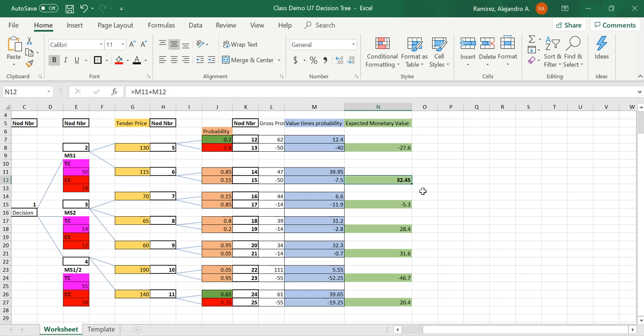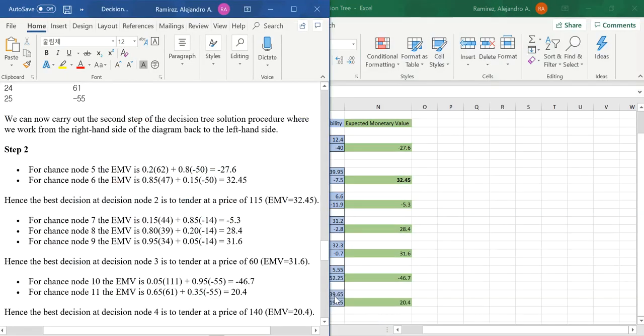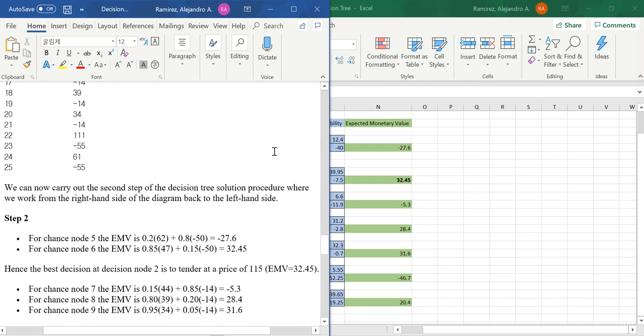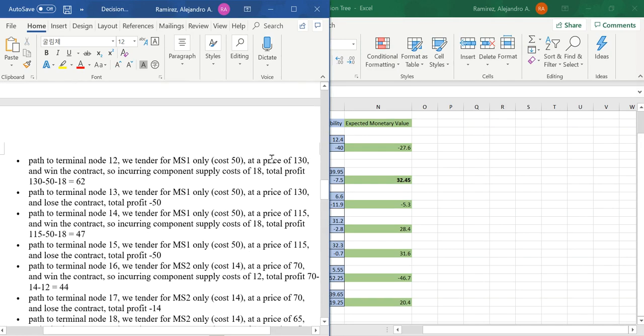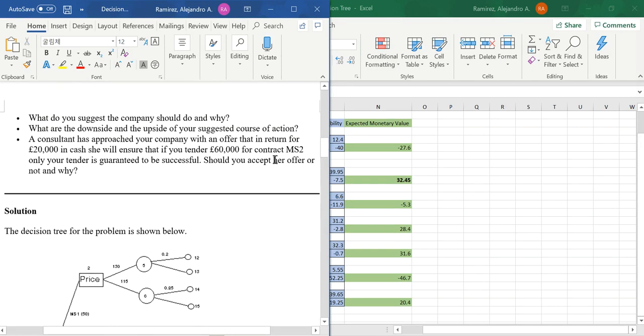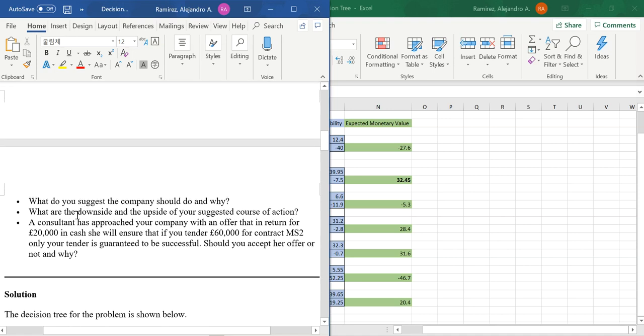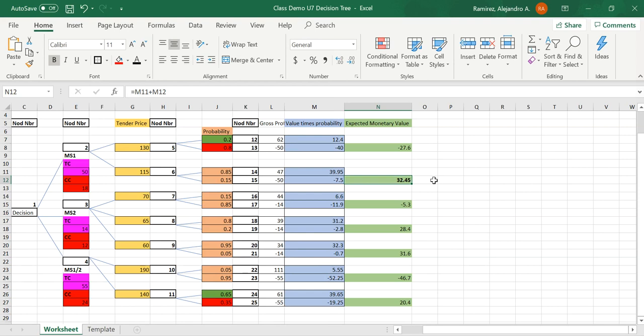money I can make. Yes, but in this case we were also looking at the case study, and the case study was asking about downside and upside. So the downside is that once I go in, if I don't get it, I'll lose 50,000 pounds.